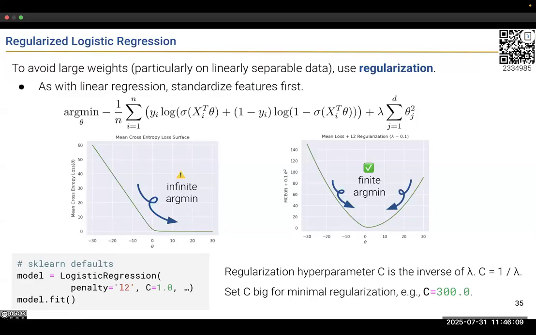The argument is called C, and that's the inverse of lambda. So a large C means a small lambda, a small C means a large lambda. And when lambda is small, we have weaker regularization, whereas if lambda is really large, we have a very strong regularization.